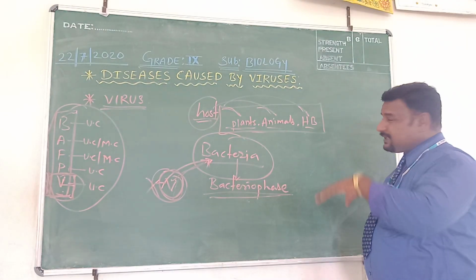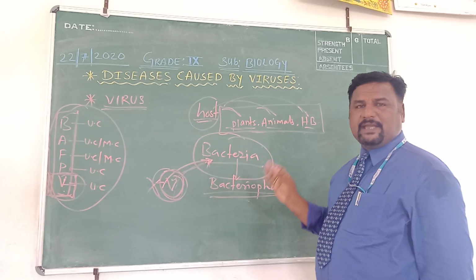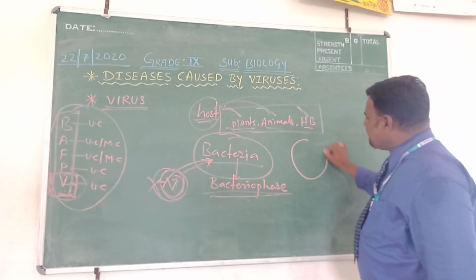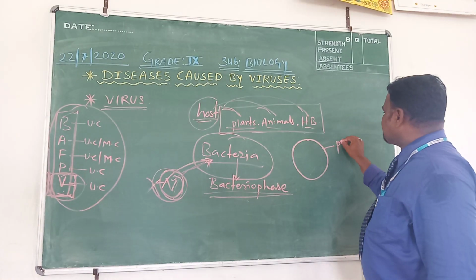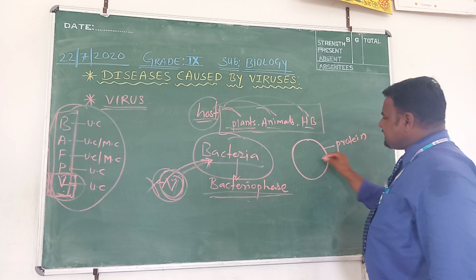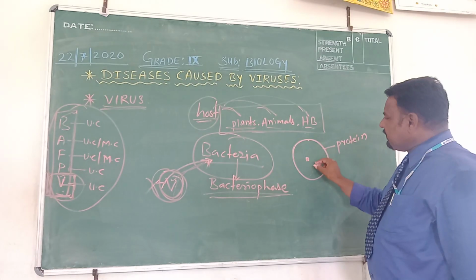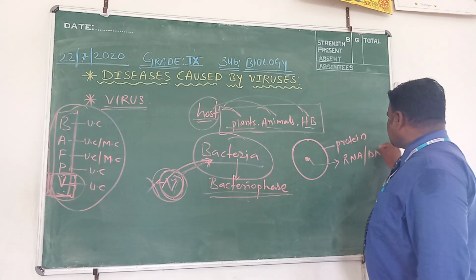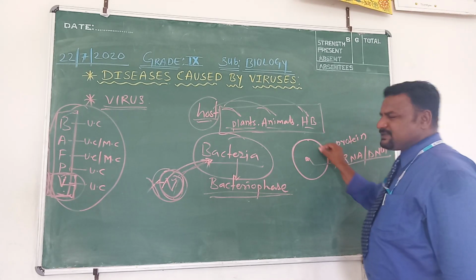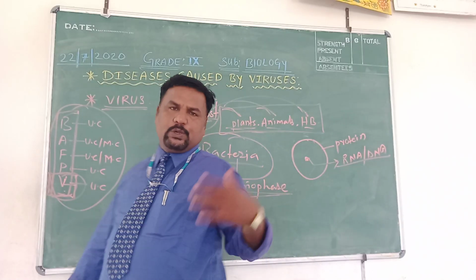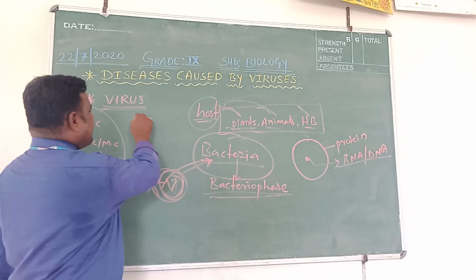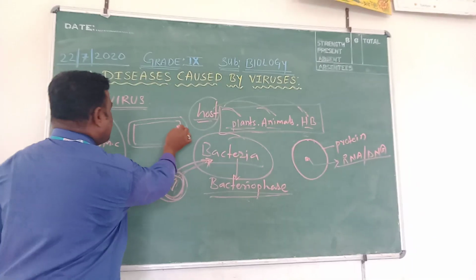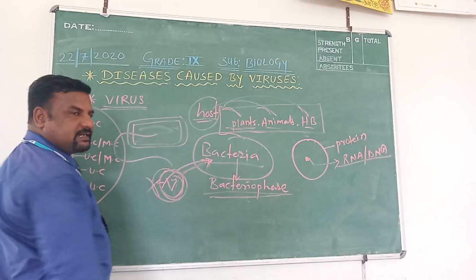When we observe the virus under a microscope, it has a very simple structure. The outer coat is made of protein, and inside it has the genetic material. The genetic material may be RNA or DNA, not both. When we look at bacteria under a microscope, the bacterial cell has a cell membrane, above it a cell wall, and cytoplasm, and it will have flagella.